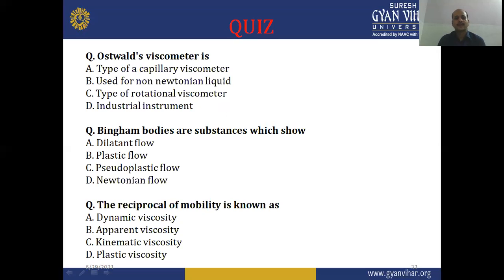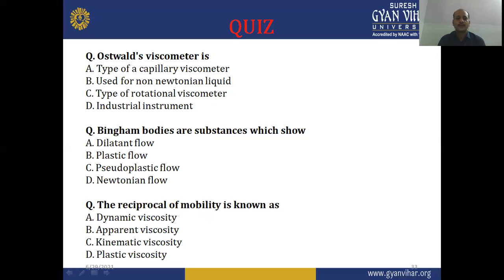Next one is, Bingham bodies are substances which show: option A, dilatant flow; B, plastic flow; C, pseudo-plastic flow; and D, Newtonian flow. So Bingham bodies we already discussed in today's lecture as well as in our previous lectures, and the rheograms for these Bingham bodies were already discussed.